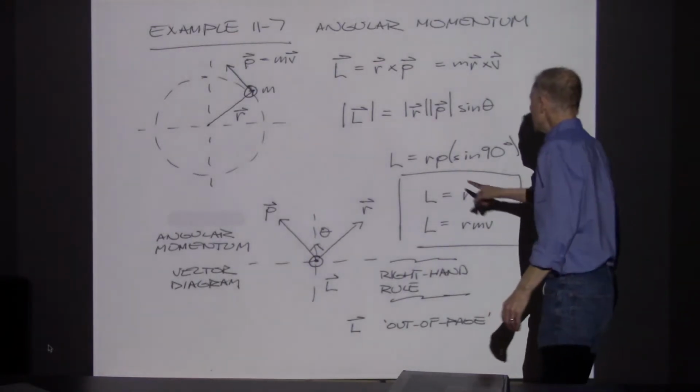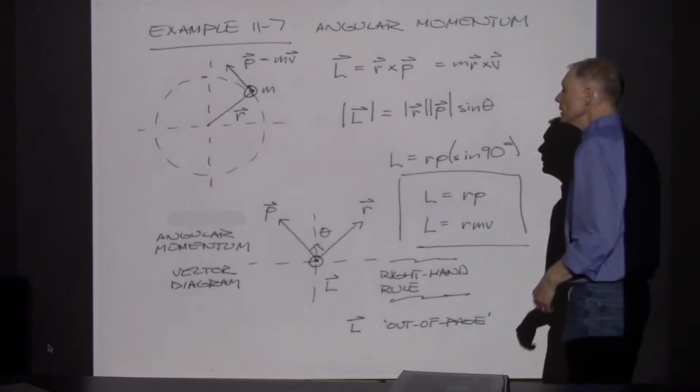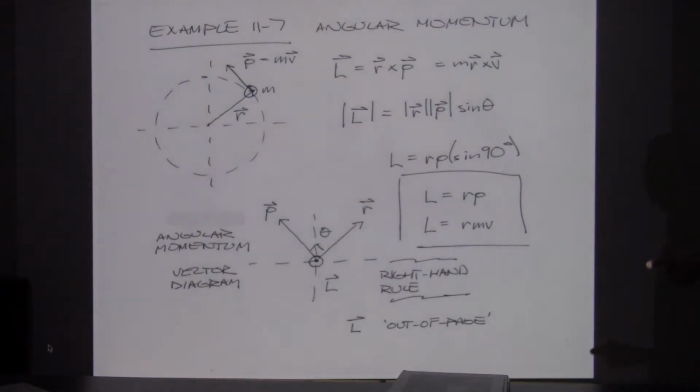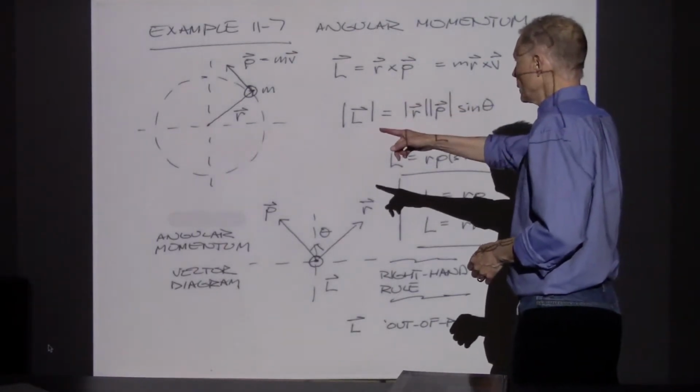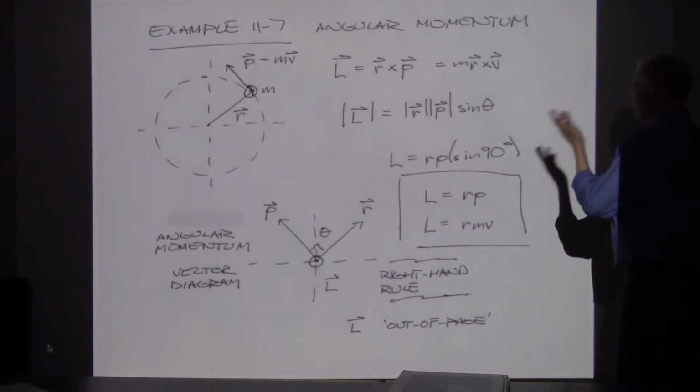And that says the angular momentum can be written as rp, or r times mv. Now we're going to see some examples in a bit where r and p are not perpendicular. If it's not circular motion, then we have to be more careful.